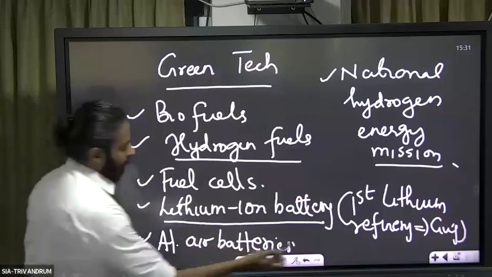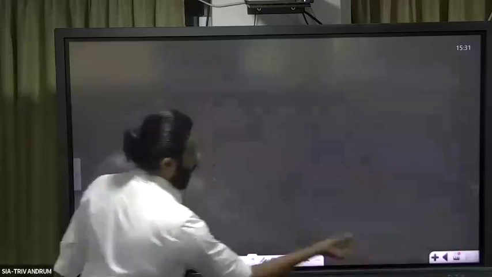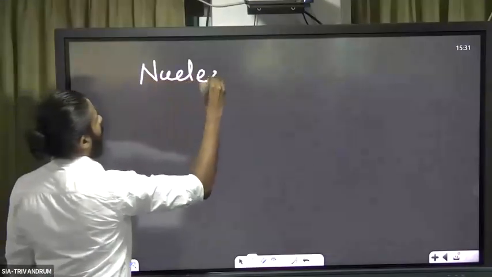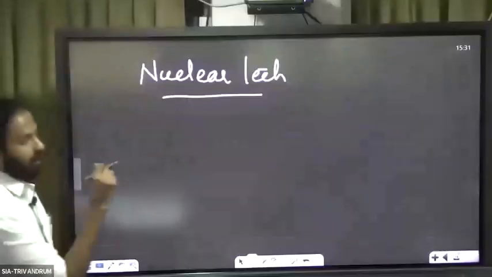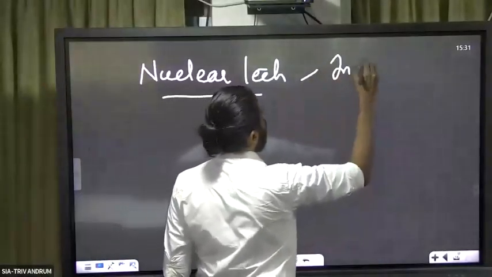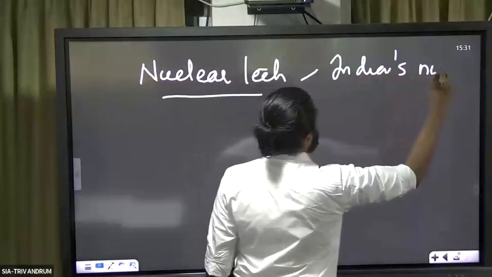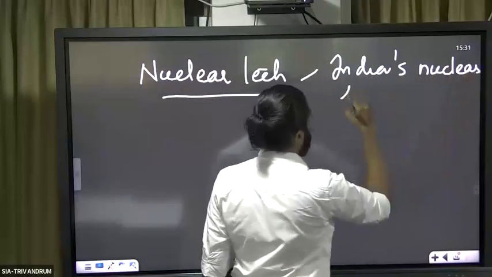Right. Then another area in science and technology is nuclear technology. Once in a while they will ask about nuclear technology also. India's nuclear program: we have a three-stage nuclear program.